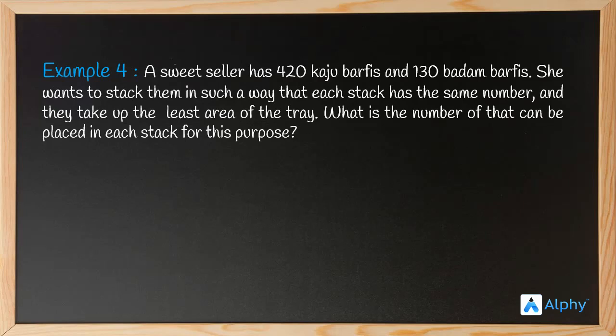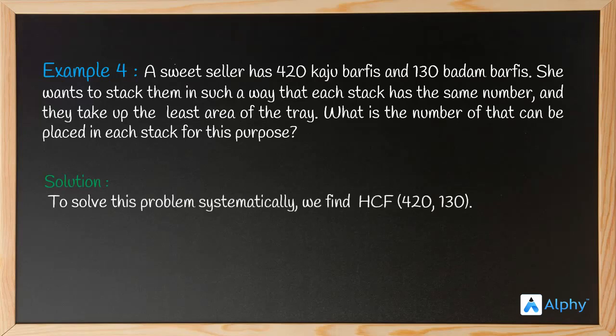Let's see the solution. To solve this problem systematically, we find the HCF of 420 and 130. As I explained earlier, this is what the question is trying to say. This question is a little big and a little different, but it is very easy and not a very difficult question for you to solve.